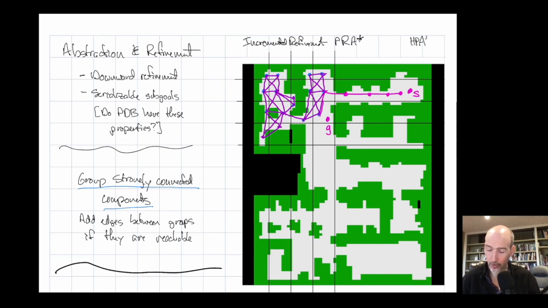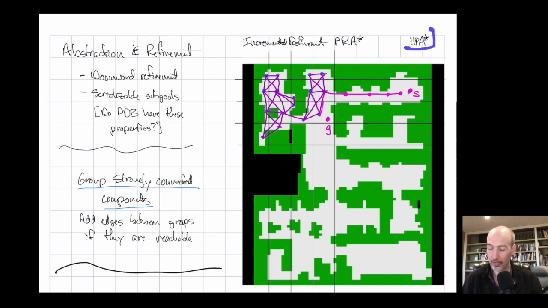So HPA star was a method which was doing a hierarchical pathfinding version of A star. HPA star is also very popular. HPA star is actually the dual of this representation. So instead of having nodes represent regions and then edges represent the connections between them, it uses nodes to represent these connections, and then edges represent the ways that you can walk across one of these sectors.